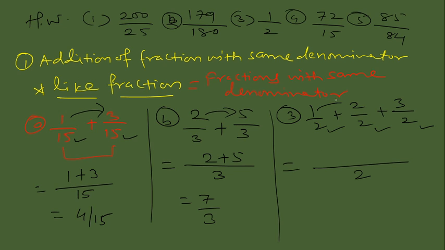And I add the numerators like this. 1 plus 2 plus 3. 1 plus 2 is 3, 3 plus 3 is 6. 6 by 2. Again, if you divide it, then it will become 3. Two ones are 2, two threes are 6. So like this, you can add the numerators with the same denominator, that is, in like fractions.